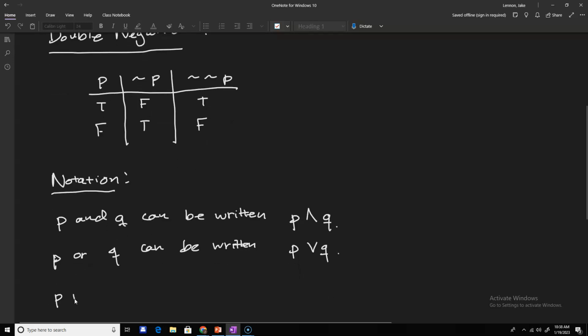P implies Q, or you could also say if P then Q.